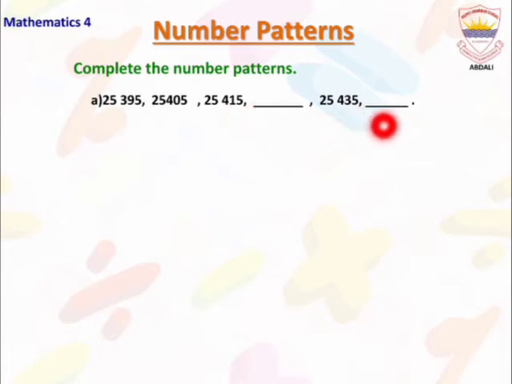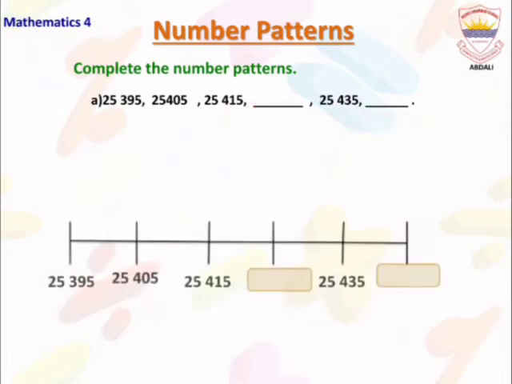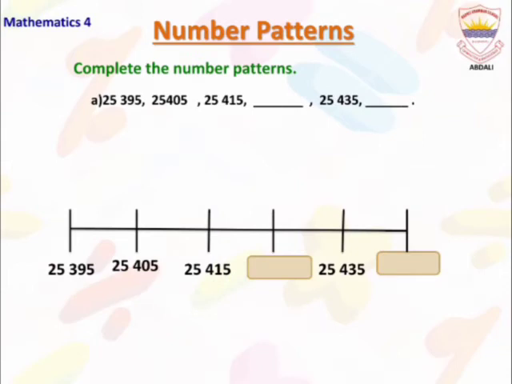Students, now first of all we write these numbers on a number line. We write our first number 25,395. After that we write 25,405, 25,415, and after one blank we write 25,435, and at the end we also find a number.